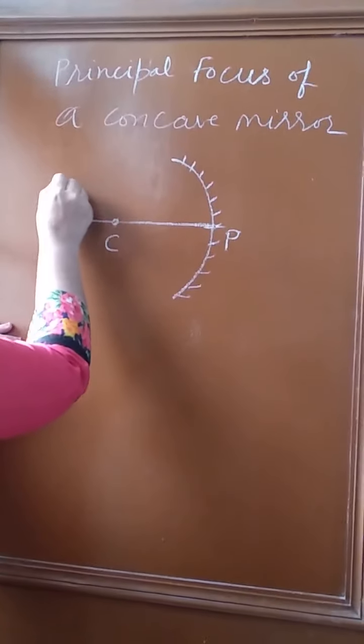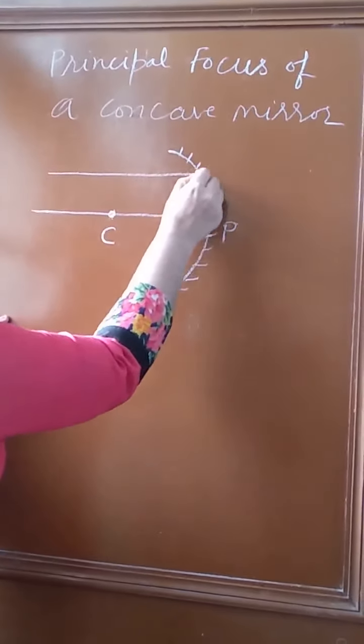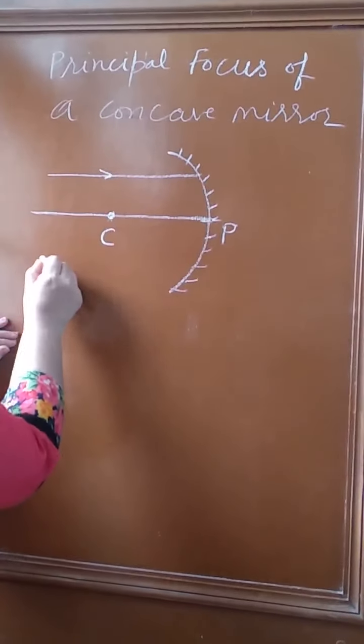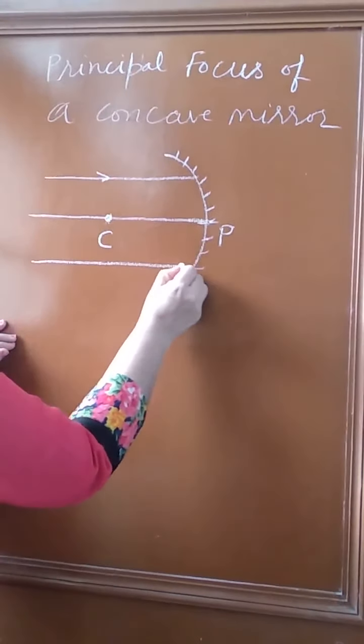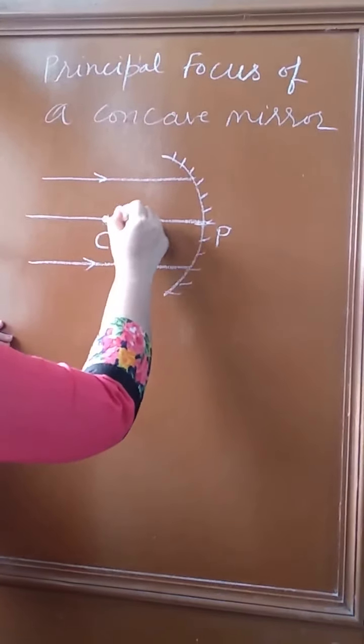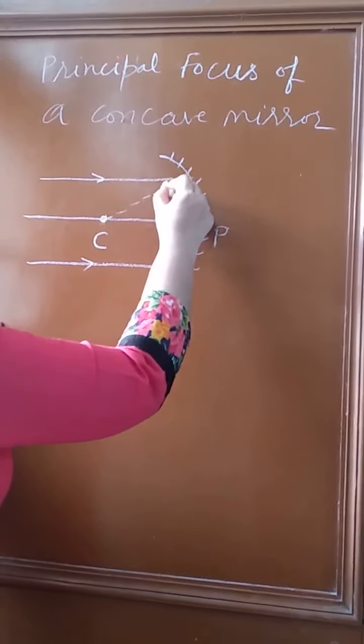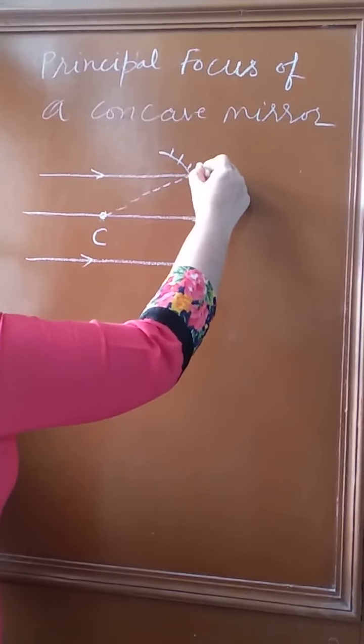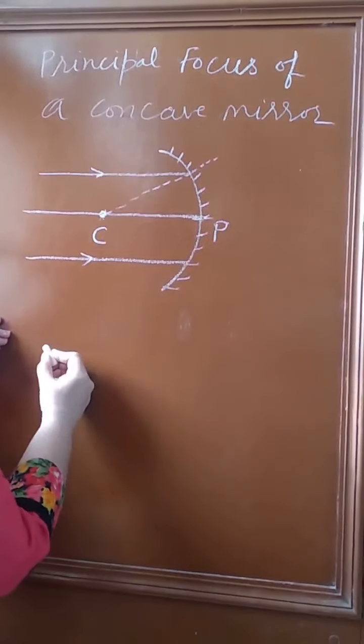When light rays fall on this mirror parallel to the principal axis, draw the normal from the center of curvature.